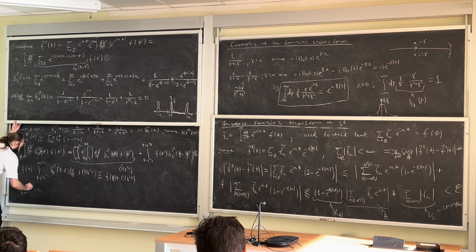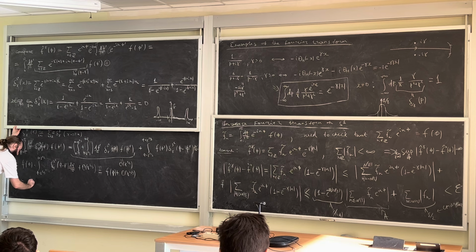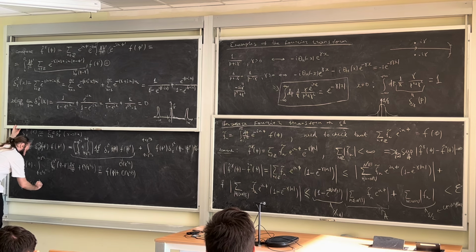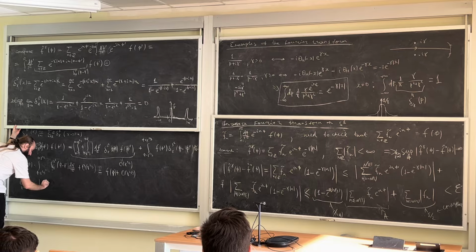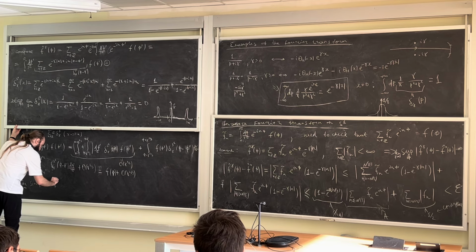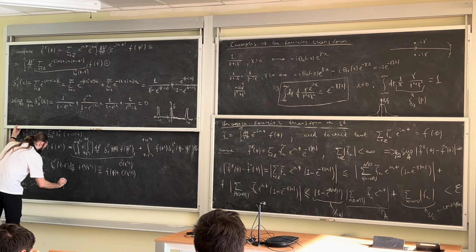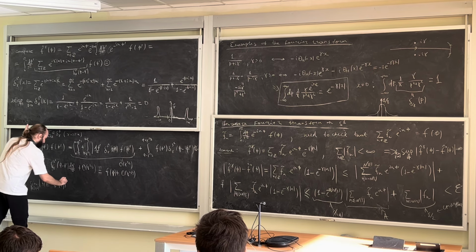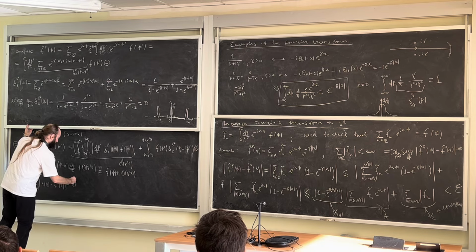So we can write that the limit of the supremum of the absolute value of f of phi minus f gamma of phi, for phi from 0 to pi, equals 0.